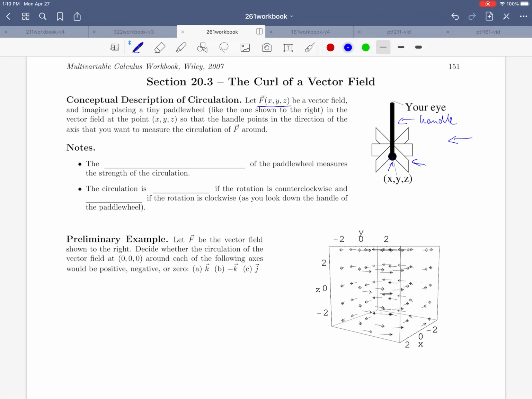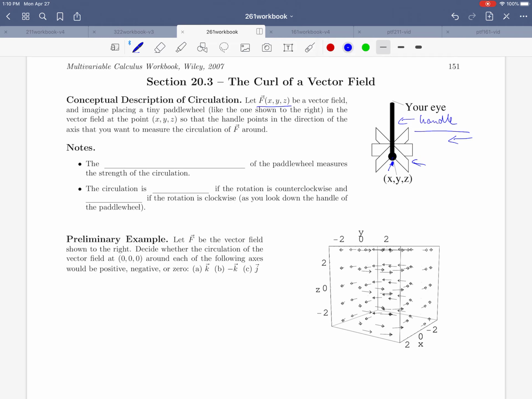So as I was demonstrating in the previous video, when we have a vector field and we're placing our pedal wheel in there, the handle can point in many different directions, and depending on how it's located, there might be rotation going on or not. And so we need to consider not just the point where we are placing the tip of the pedal wheel, we also need to consider in what direction the handle is pointing.